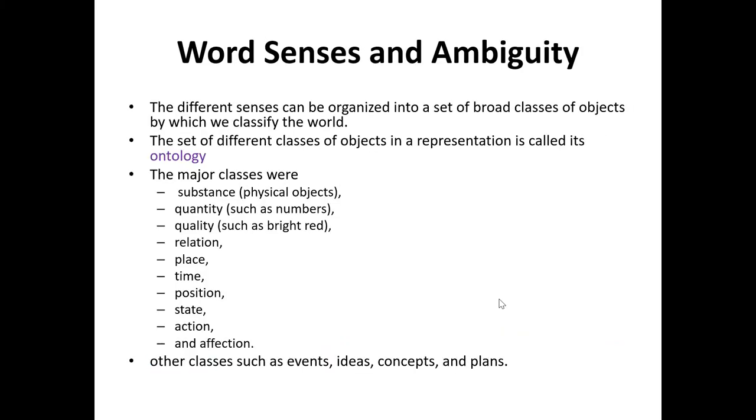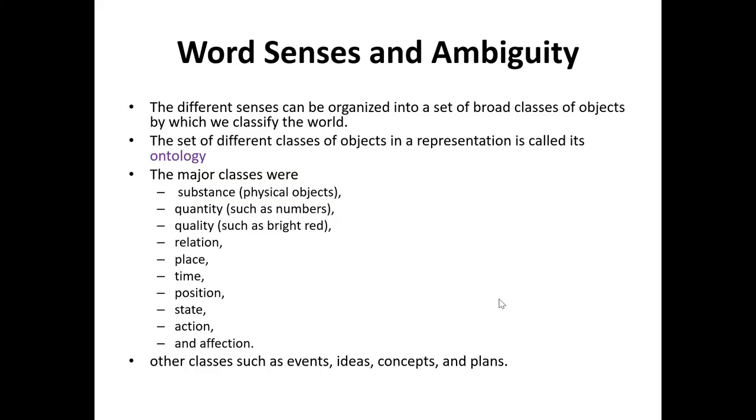So a particular word can be mapped to different senses, or organized into a set of broad classes of objects which we can classify the word into. This set of different classes of objects in a representation is called its ontology.